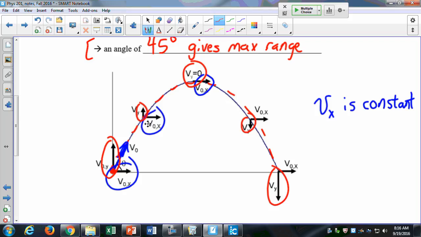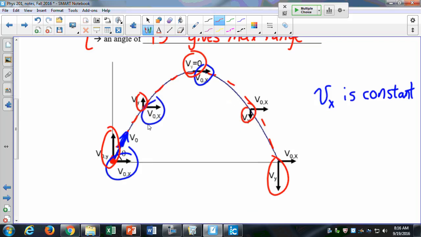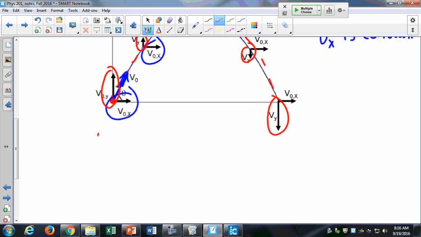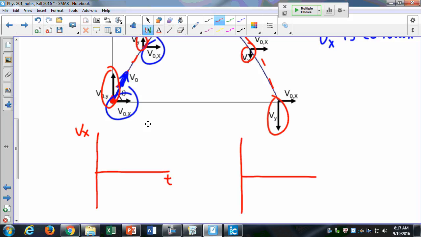Listen, we'll still see some qualitative graphs on this stuff like we had on the previous test. I'll ask you to sketch out the graphs of the motion. So if I were to plot out Vx versus t, you go ahead and try that, and then also plot out Vy versus t. Think about what those would look like and sketch out the graph of Vx versus t and Vy versus t.